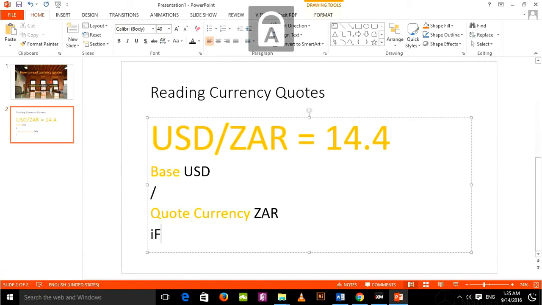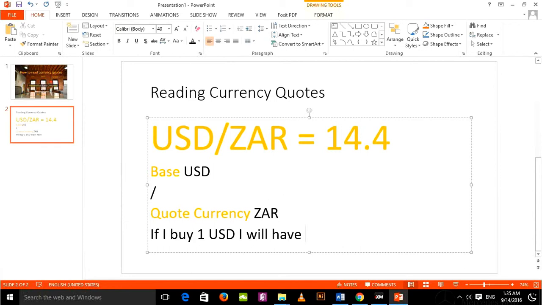If I buy $1 US, I will have to pay 14 rands 40 cents.